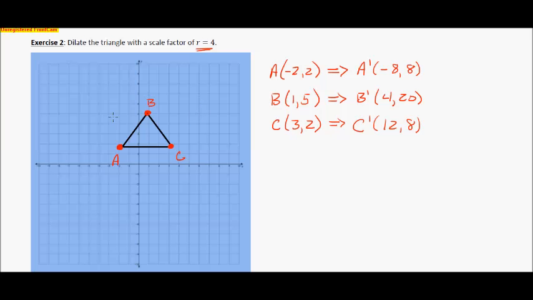We've kept everything on the grid, but with the dilations, as soon as you start multiplying by 3 or 4 or 5 or 6, etc., they get really big really fast. The more important thing is that you list these points out and that you have them each correctly multiplied by that scale factor. Okay?